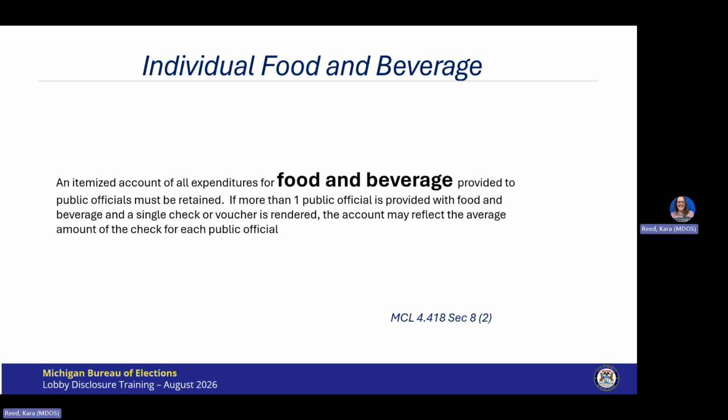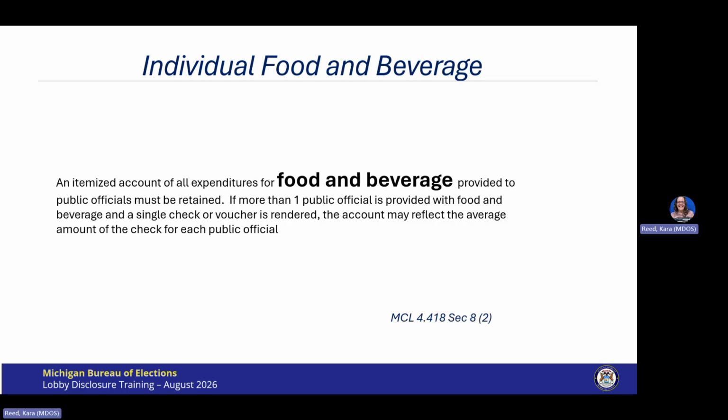Now, the third itemized expenditure category is individual food and beverage for public officials that exceed the current value in any month covered by the report or the current value during that calendar year.